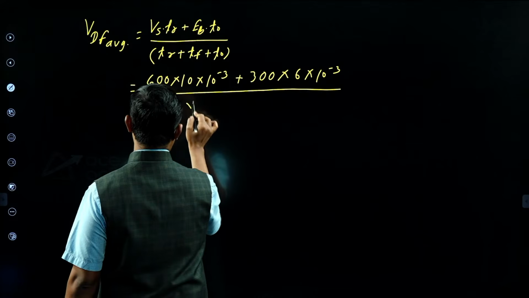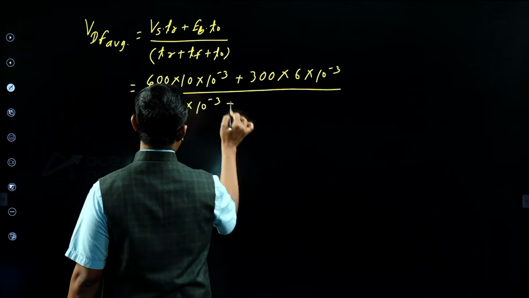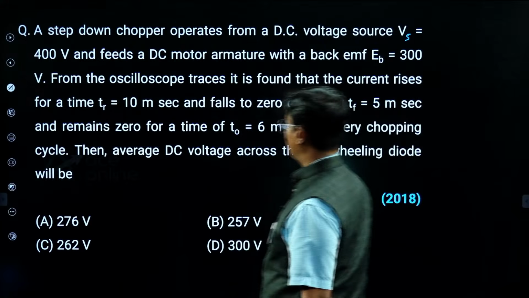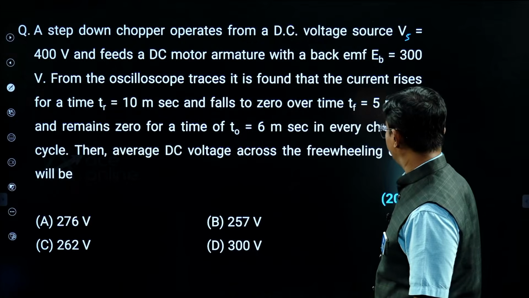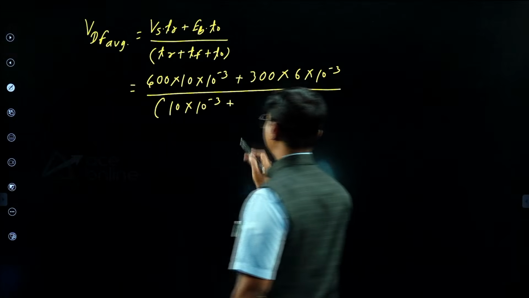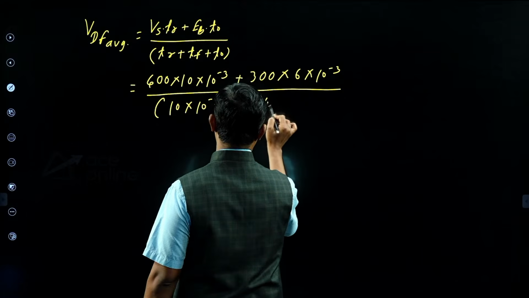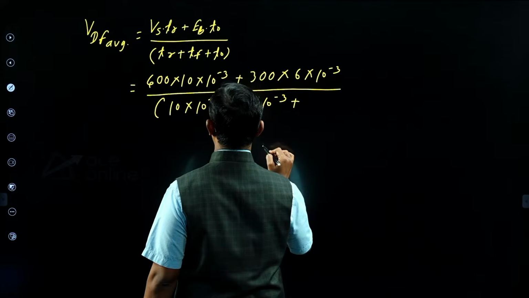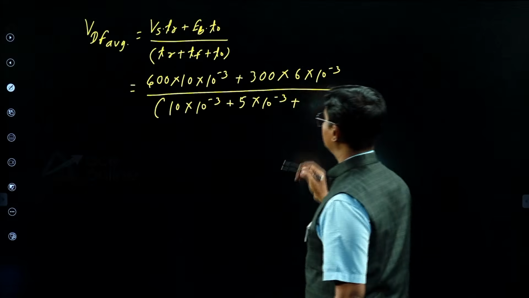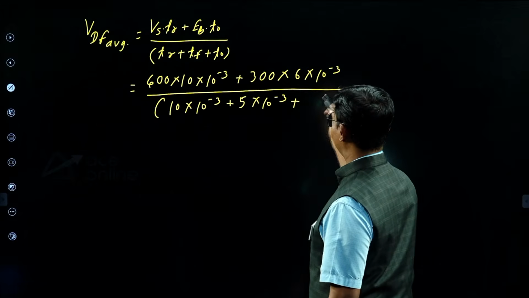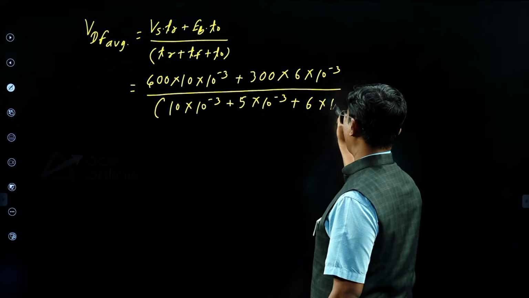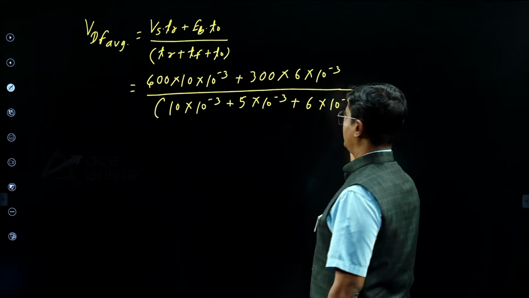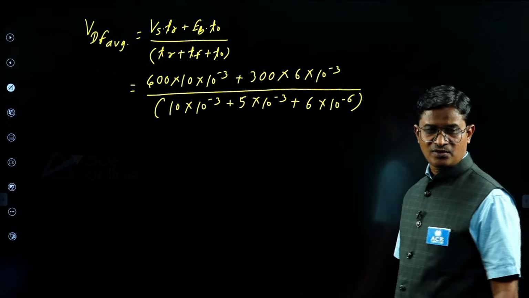TR is 10 millisecond, TF is 5 millisecond and T0, yes, 6 millisecond, correct? Yeah, you can simplify this, you will get the answer.